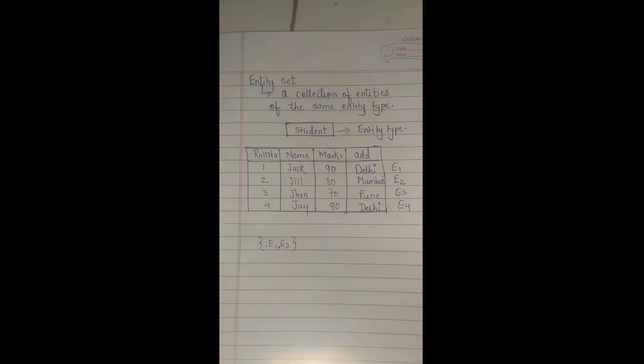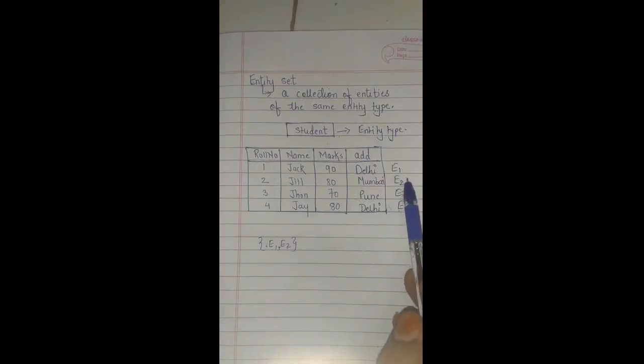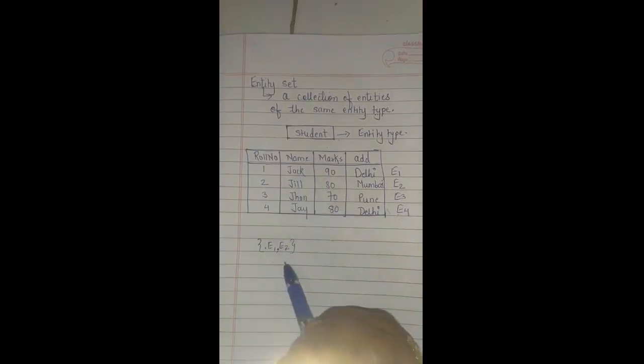Now let's see what an entity set is. An entity set is a collection of entities of the same entity type. I have already said student is the entity type. This entity type has 4 entities, E1, E2, E3 and E4. A collection of entities of the same entity type is said to be an entity set.